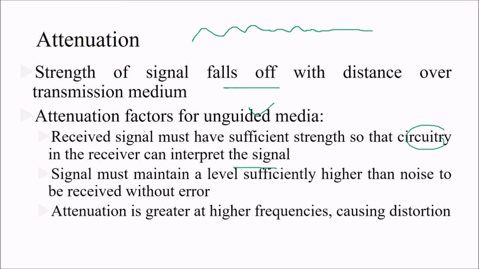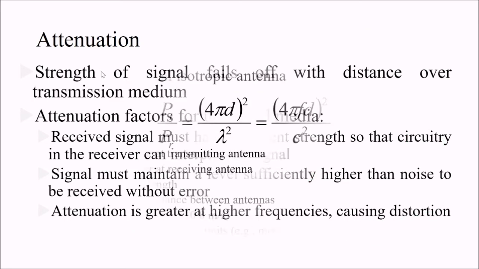That should be there so that the received signal can be interpreted properly. And the signal must maintain a level sufficiently higher than the noise to be received without error. So signal to noise ratio is an important factor. It should be as high as possible. And attenuation is greater at higher frequency. High frequency, greater attenuation. Low frequency, lower attenuation. So this may cause certain distortions.